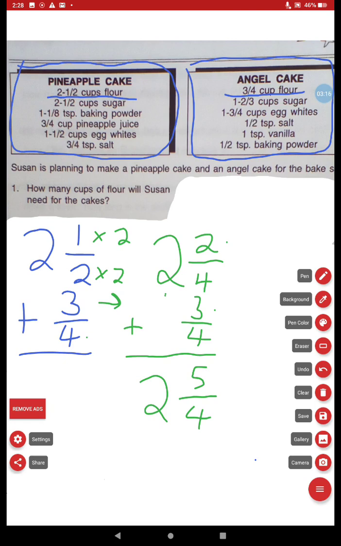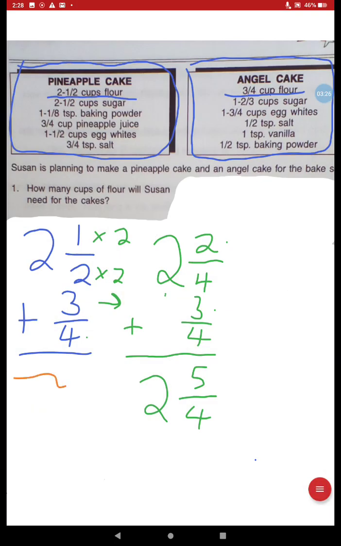Uh-oh, 5 is bigger than 4 though. So I need to regroup. Remember how we regroup? Use your little thought bubble in the corner. Division bar. Numerator goes in the box. Denominator goes out. Whole number is your answer. Remainder is your new numerator.